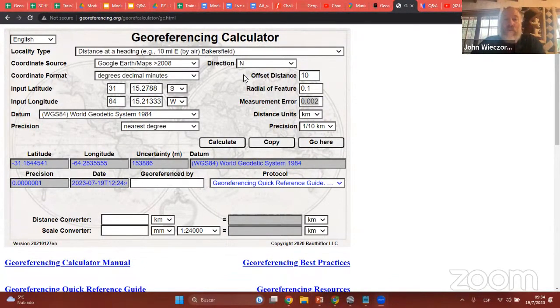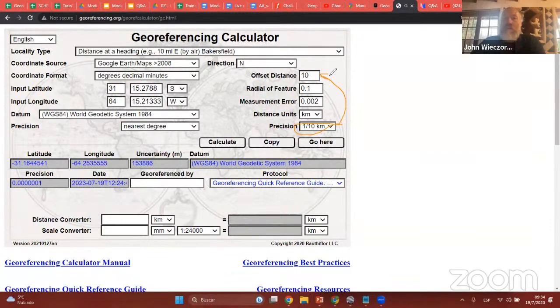The distance precision, the last box on the right-hand column of the calculator, is about the precision in the locality description. So when Paula had the examples written at the right, like 10 kilometers and 10.2 kilometers and so on, as being written in the locality description, that's what this precision in the bottom of the second column is about.